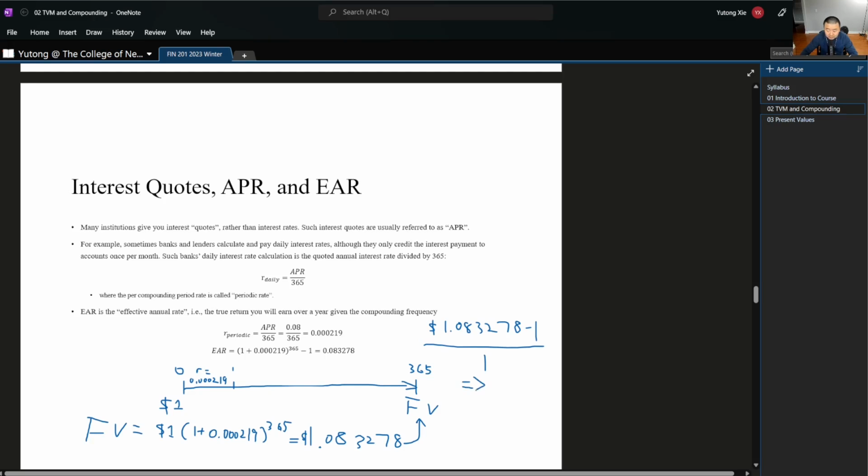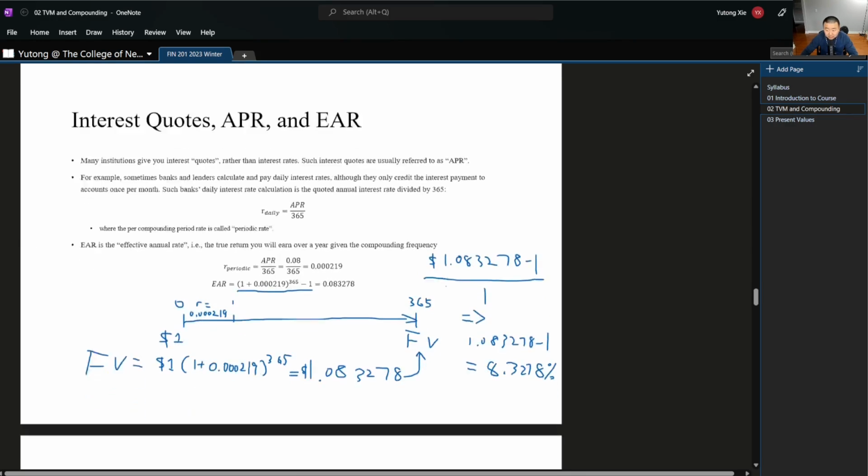So for short, I just have 1.083278 minus 1, which is 8.3278%. Okay, so that's why we have this minus 1. Okay, so that is how you convert APR to EAR.